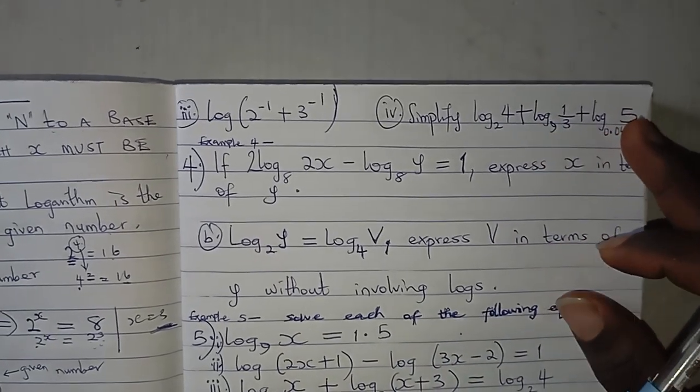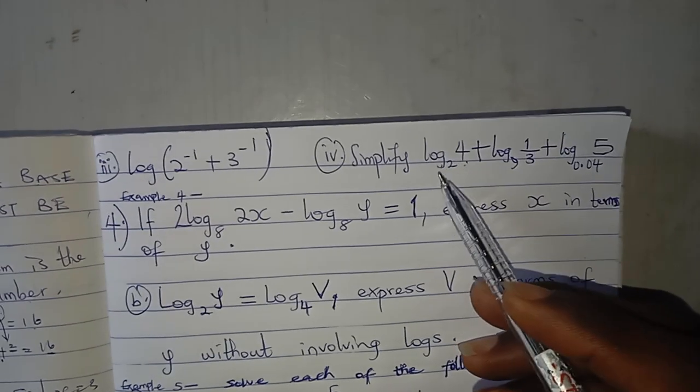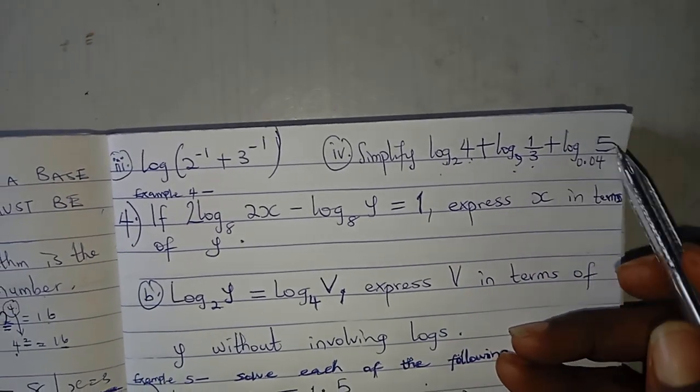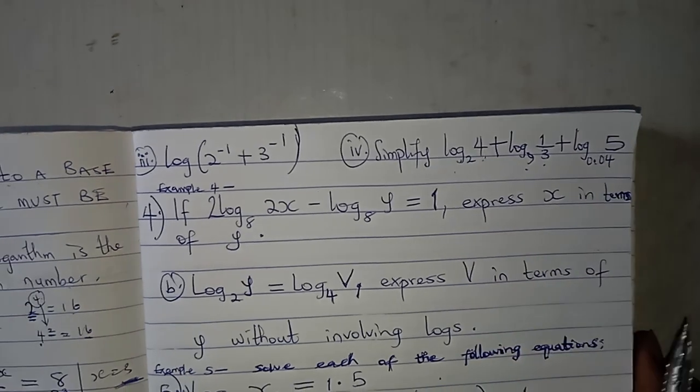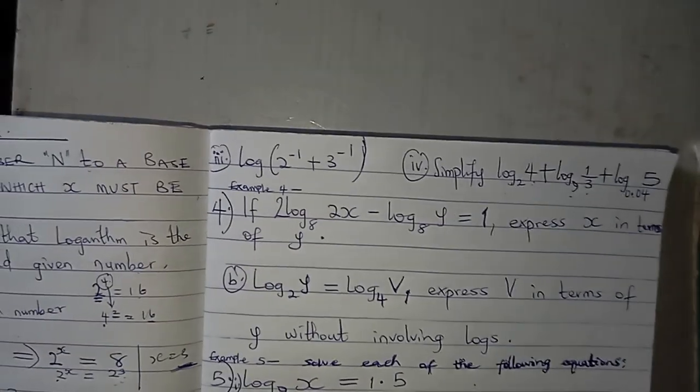Next one says we should simplify this. Simplify log 4 to base 2 plus log 1/3 to base 9 plus log 5 to base 0.04. The way I like to look at this question is simply this way.